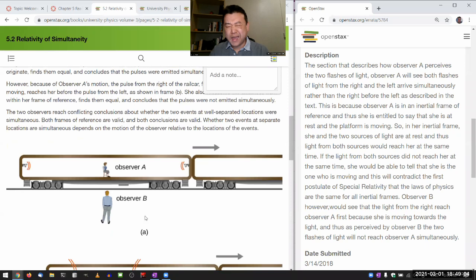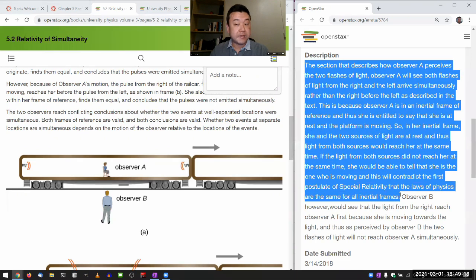I think the way A is drawn encourages people to think that they were set up to be simultaneous in observer A's frame. And I think that's why a mistake like this can be easily made, even by people who are educated in physics. Because once you start from the mindset that these were simultaneous in observer A's frame, then this is the only consistent thing.